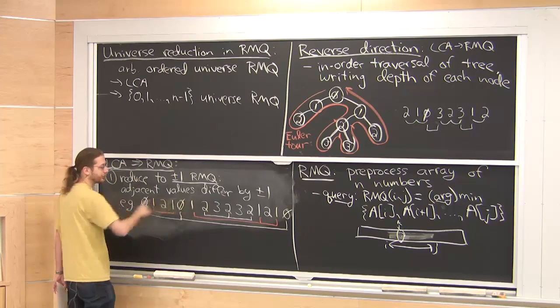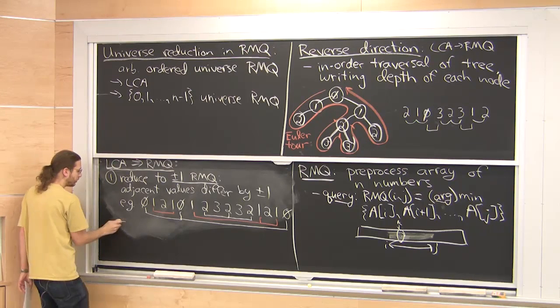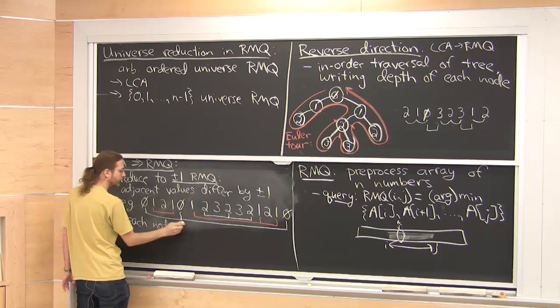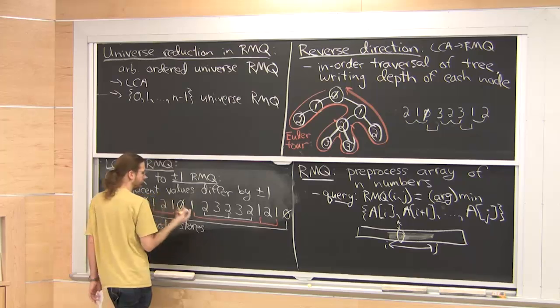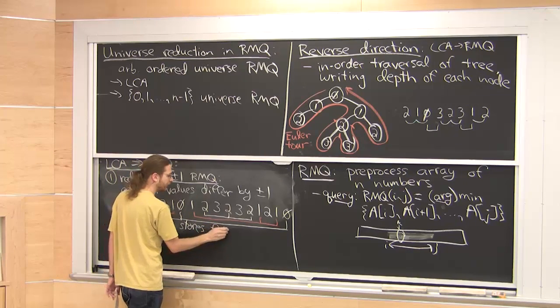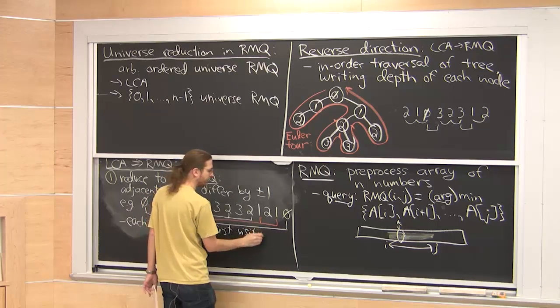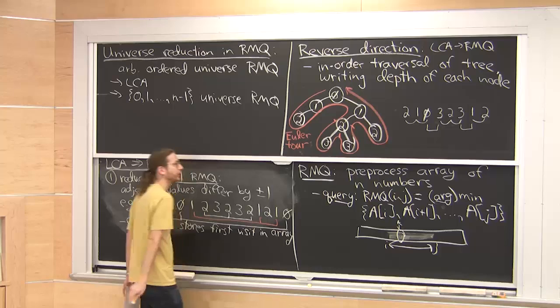I'm just going to store this. And what else am I going to do? Let's see. Each node in the tree stores, let's say, the first visit in the array. Pretty sure this is enough. You could maybe store the last visit as well. We can only store a constant number of things.